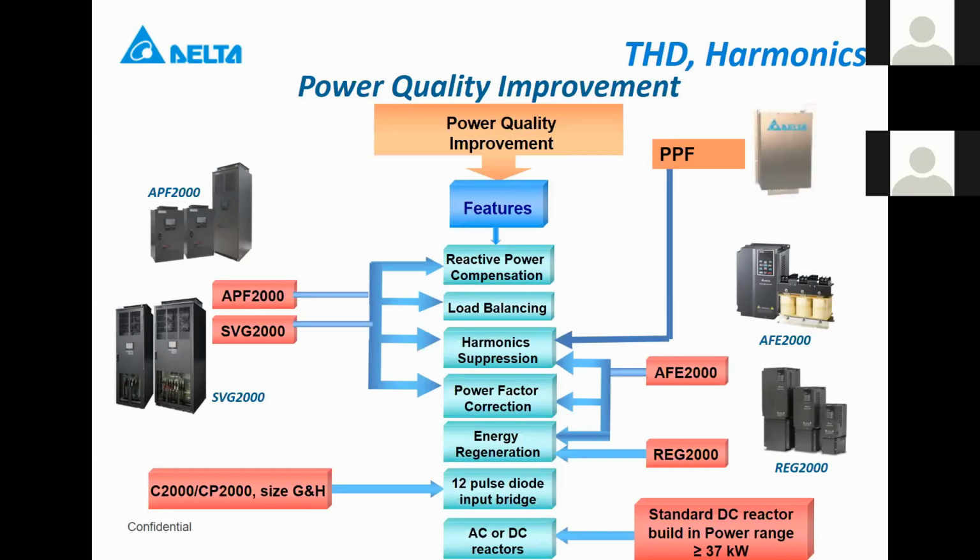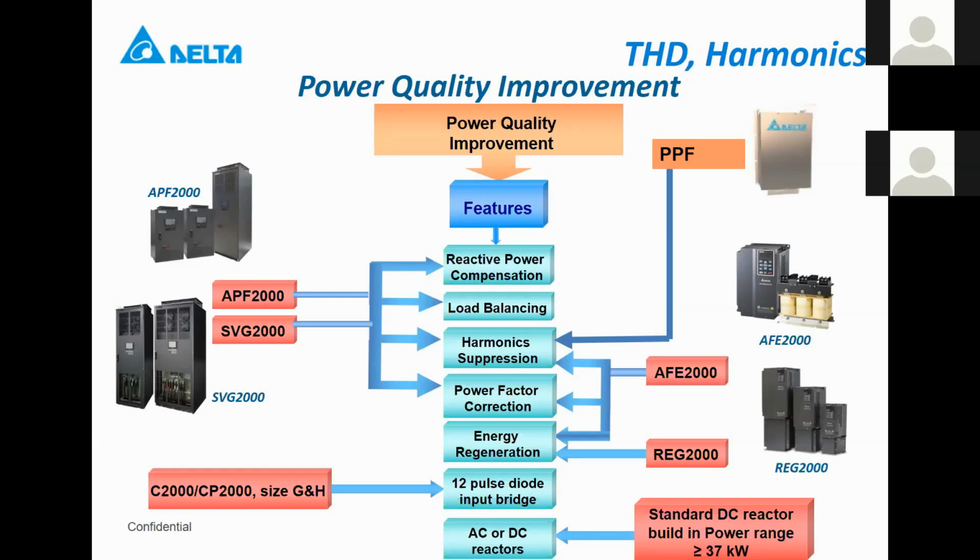And the lower ones, there is not a built-in DC reactor at all. For the higher sizes, the G and the H frame, these 2 frames can be used for 12 pulse diode bridge. Normally they are parallel connected, but if you have a special transformer, you can disconnect, of course, the both diode bridges, and then you can connect it to a 12 pulse transformer.